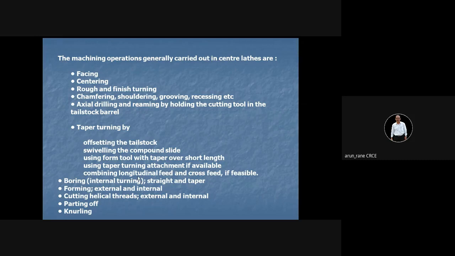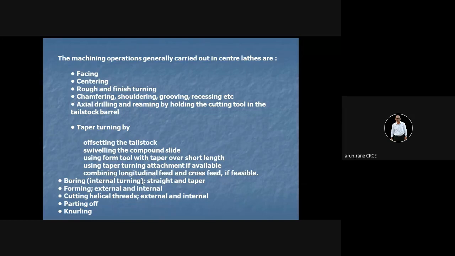Then the fifth method is combining longitudinal feed and cross feed. That means you are moving both the slides, the cross slide as well as the longitudinal slide. You are controlling both the feeds simultaneously, and the effect of both feeds moving simultaneously will be to cut the taper. This again has to be done manually, so it depends upon the skill of the operator.